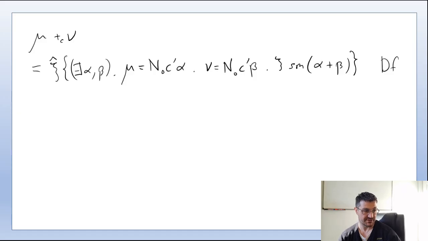Mu and nu do not have to be of the same type, so therefore alpha and beta will not necessarily be of the same type. So we see here the alpha plus beta, that's the arithmetical class sum that we've just talked about. So we're finding all of the xi's of a particular type that are similar to this arithmetical class sum.